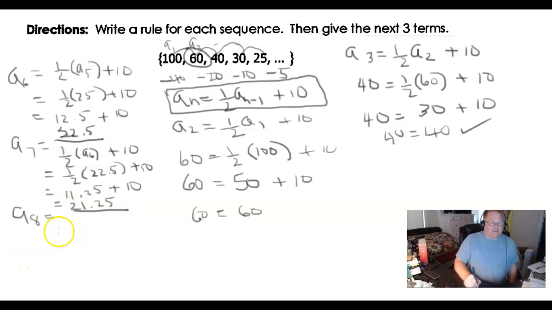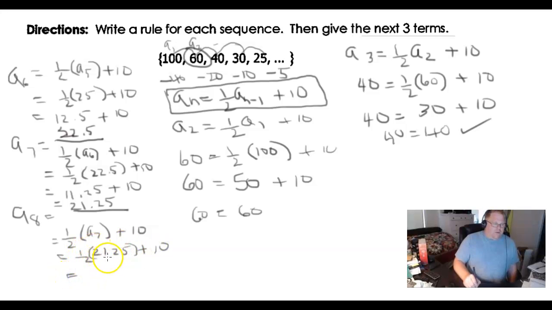And a8, I'll move down just a hair. It's half of a7 plus 10.